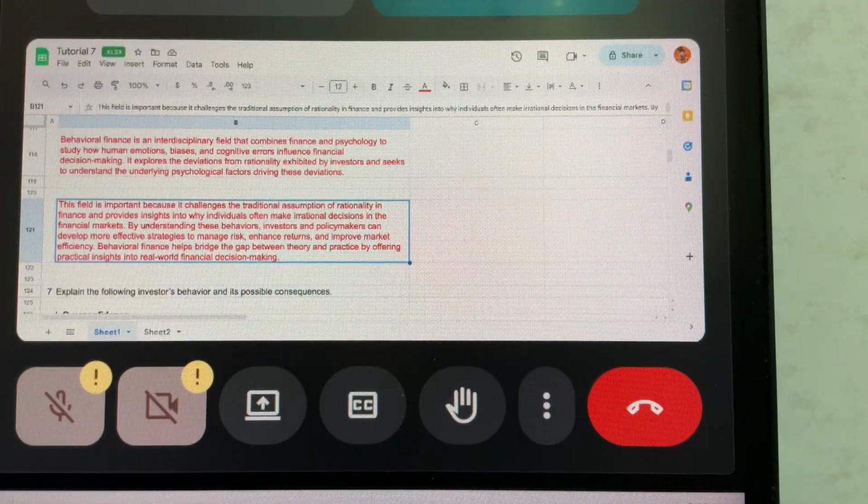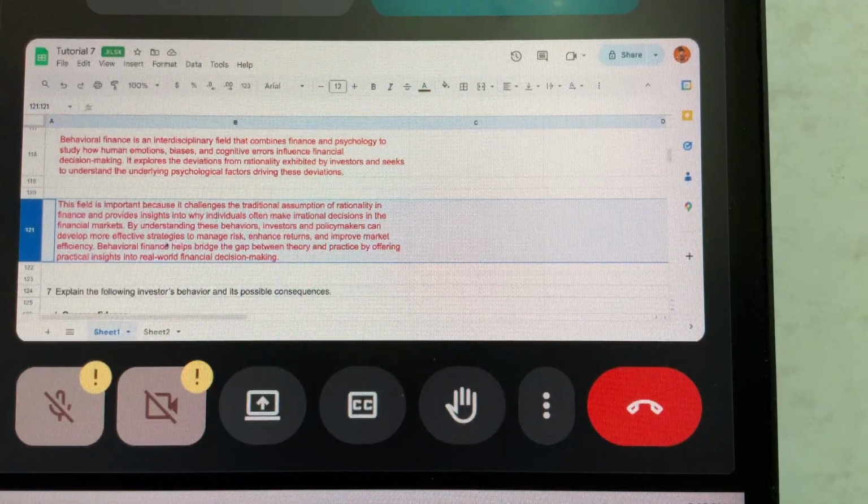And we are trying to figure out why people behave in such an illogical way. So by understanding this, investors and policymakers can develop more effective strategies to manage risk, enhance return, and improve market efficiency.